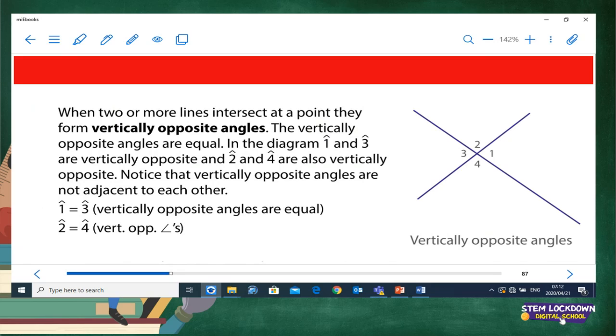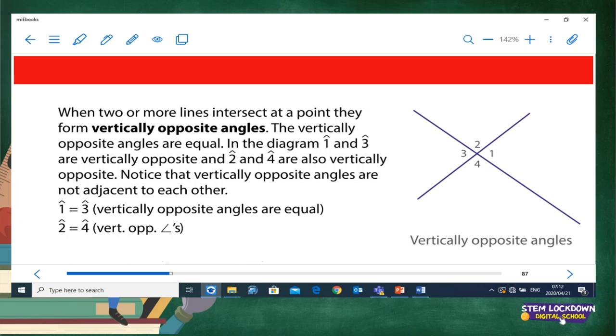Now, we've also spoken about vertically opposite angles. We have said that vertically opposite angles are equal. In this case, we have given the example of angle 1 and angle 3. We've equally given the example of angle 2 as well as angle 4.